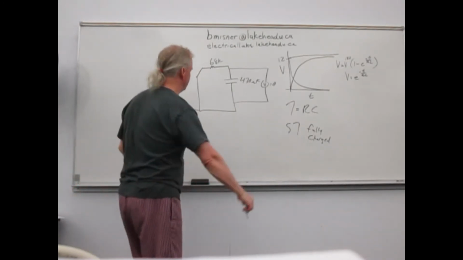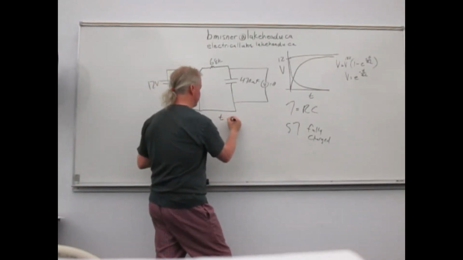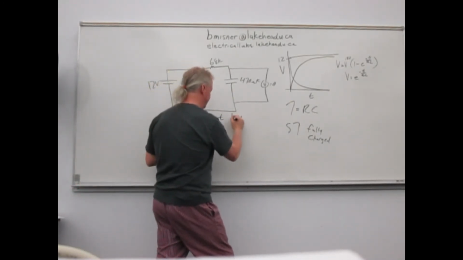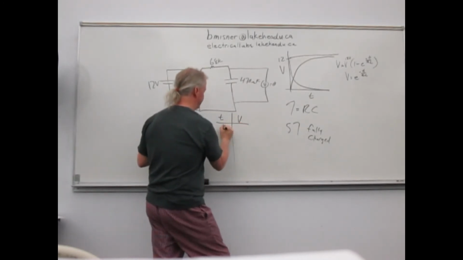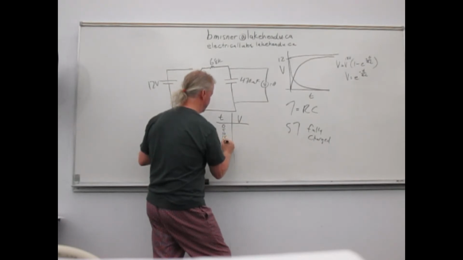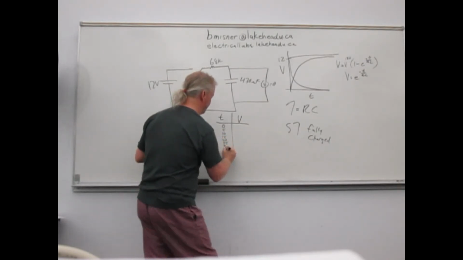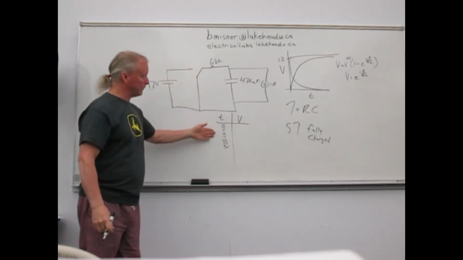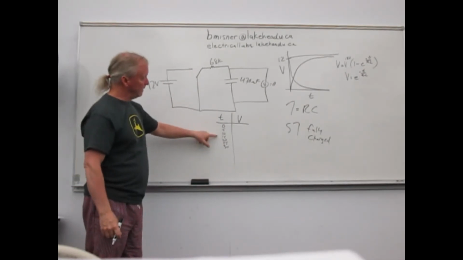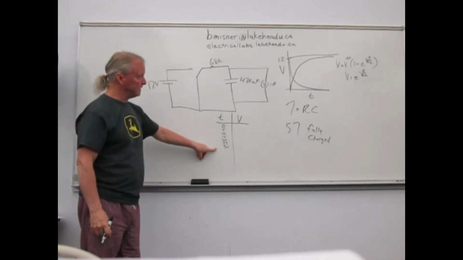So we're going to make a chart with T and V. It's going to be 0, 5, 10, 15, 20, 25, 30, so 7 measurements.